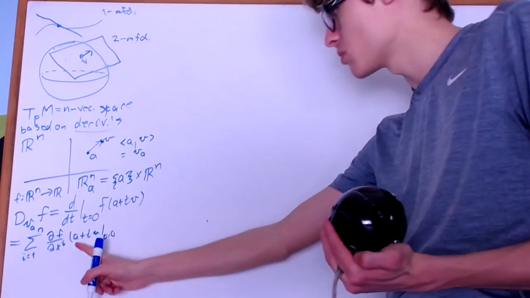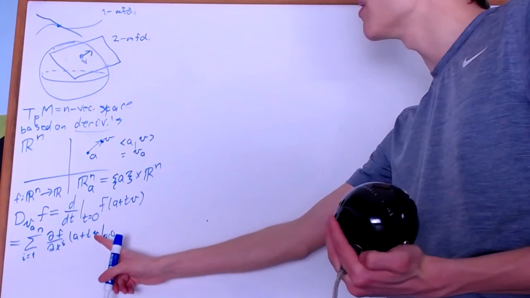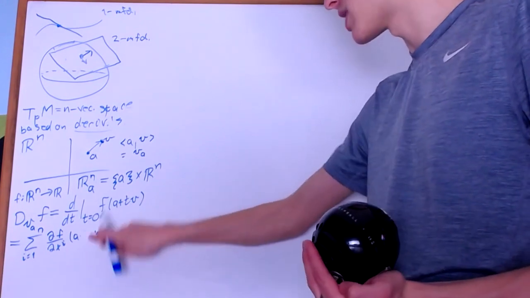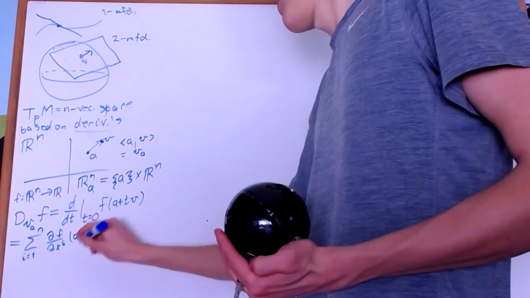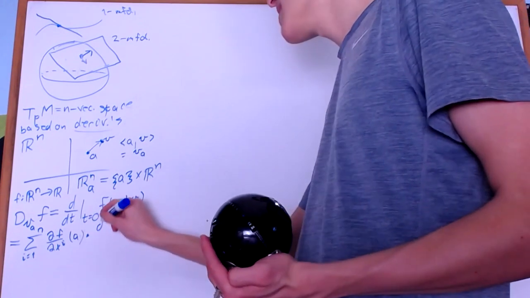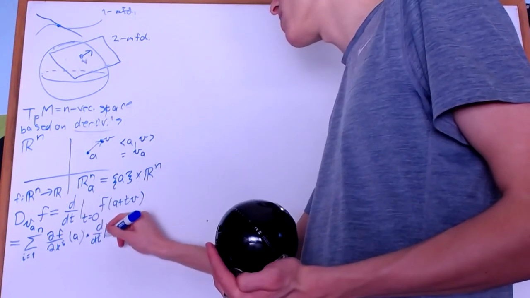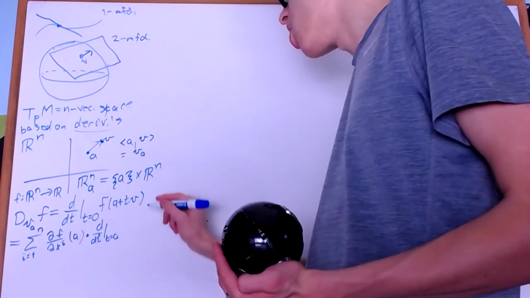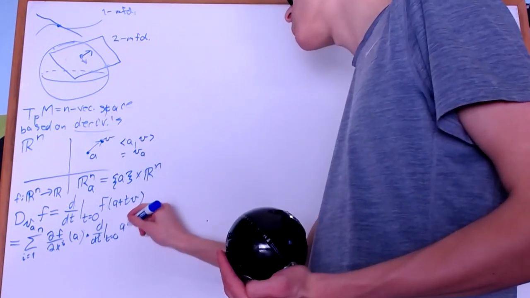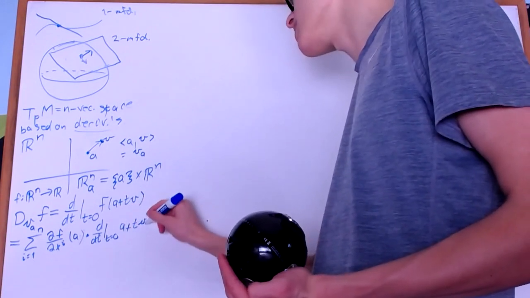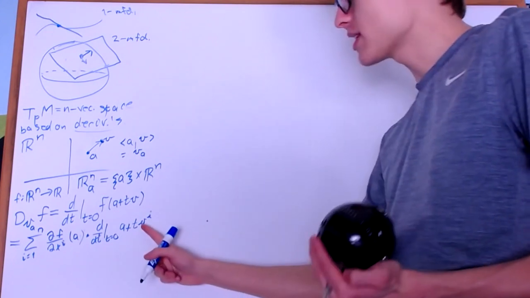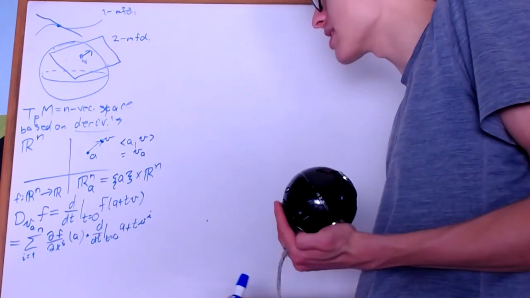Well, what is that? That's going to be a + 0·v, so that's just a. And then we multiply this by d/dt, evaluated at t equals 0, of the inside, which is going to be a^i + tv^i, where each one of these v^i's is the coordinate of v at that point.